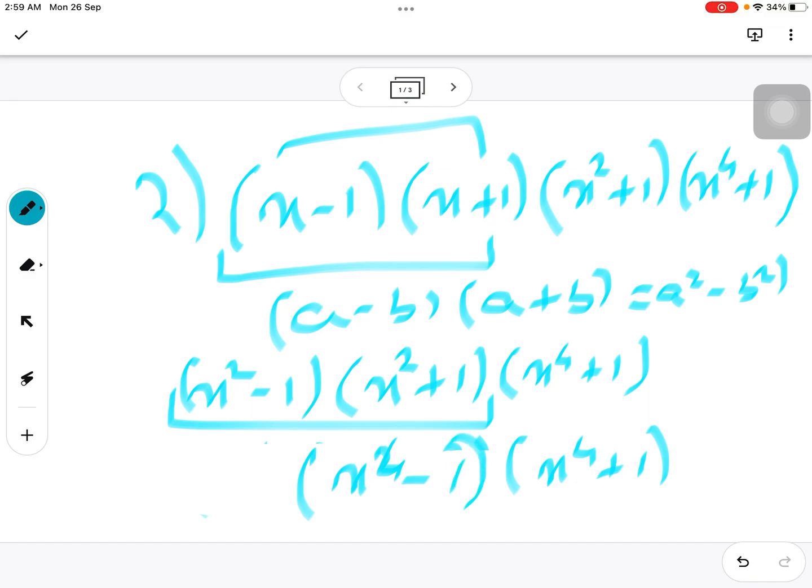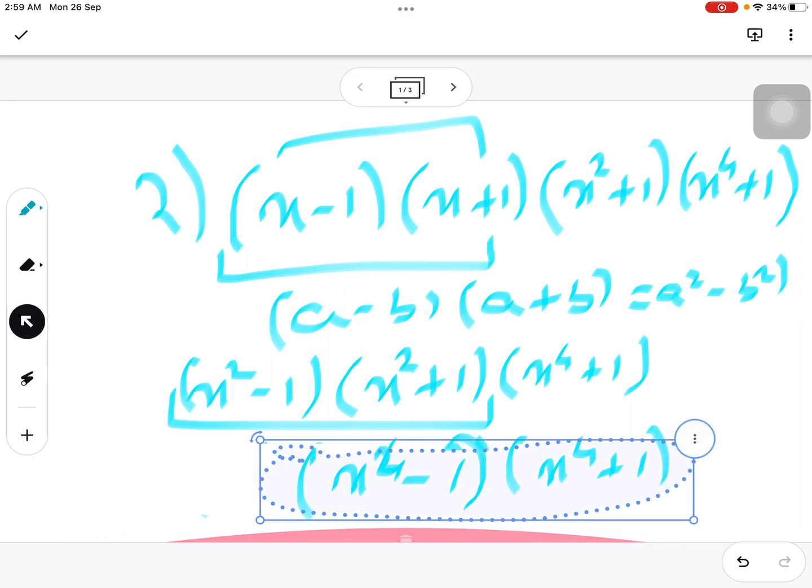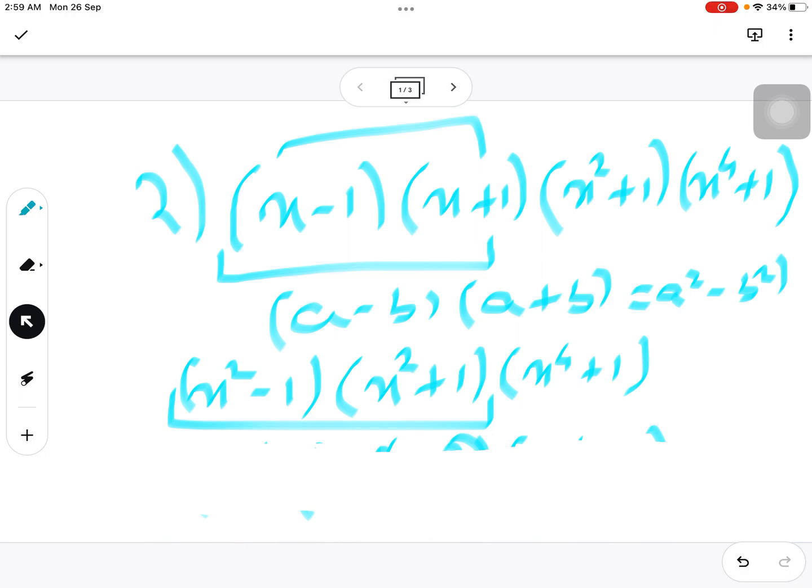Again this is in the form of a minus b into a plus b, that is again a square minus b square. So in its place I will again get x to the power 4 whole square, that is x to the power 8, minus 1. That's your final answer.